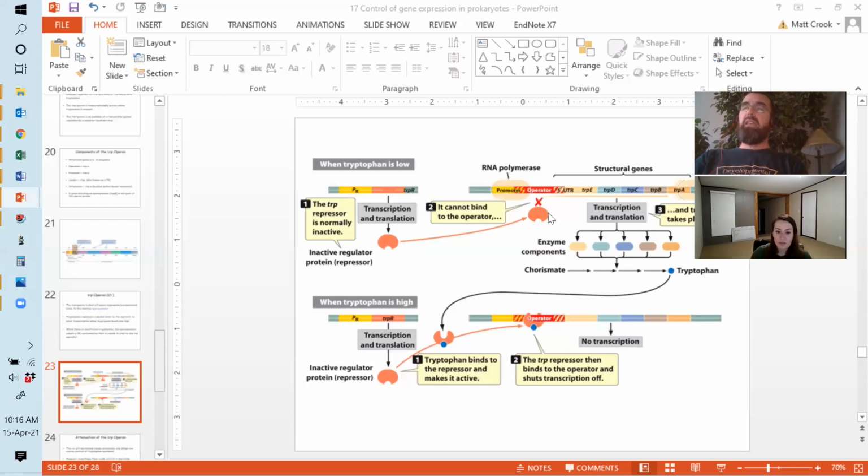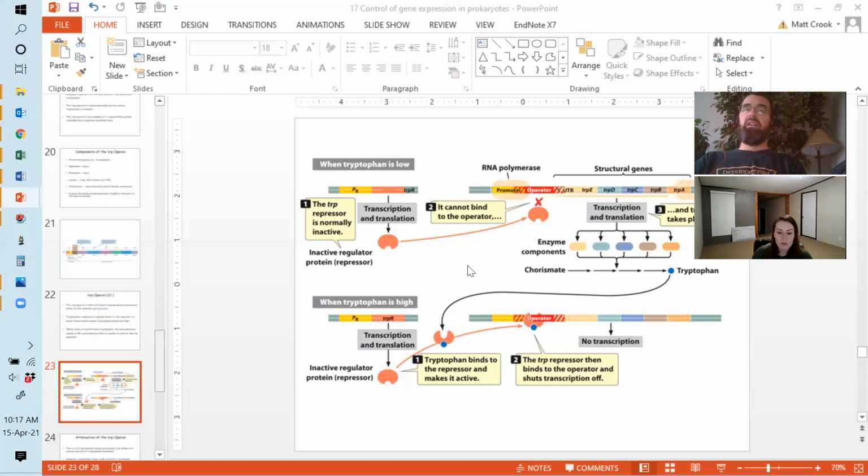So this is, again, the big switch, right? In the absence of tryptophan, we have really high levels of expression of the trp operon.